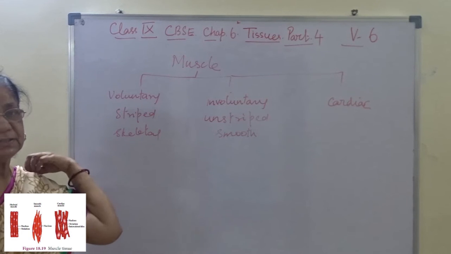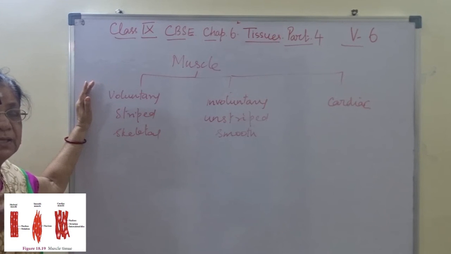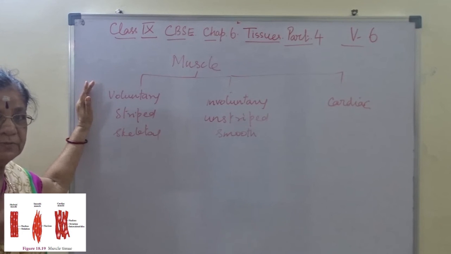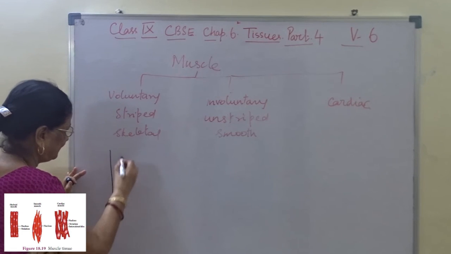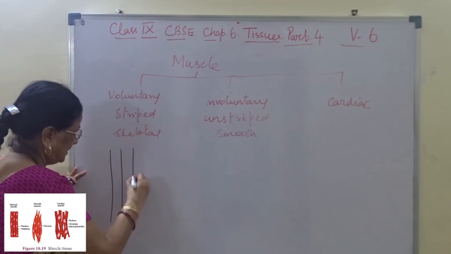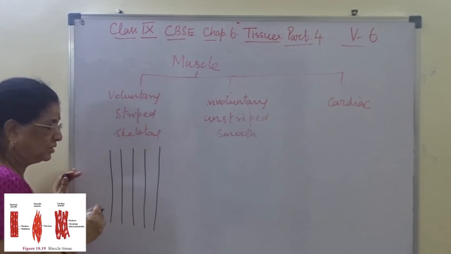Striped, voluntary muscles are under the control of our willpower, and they have striations.